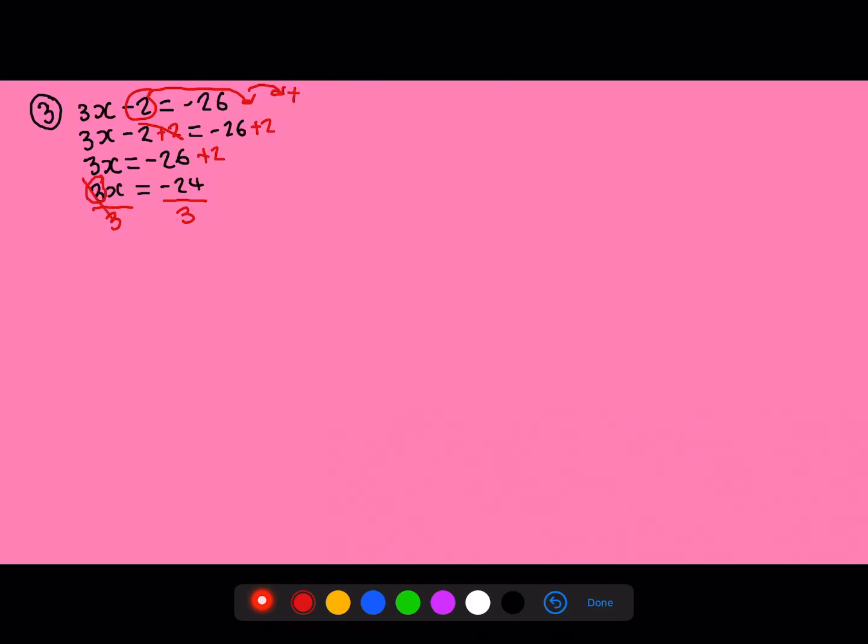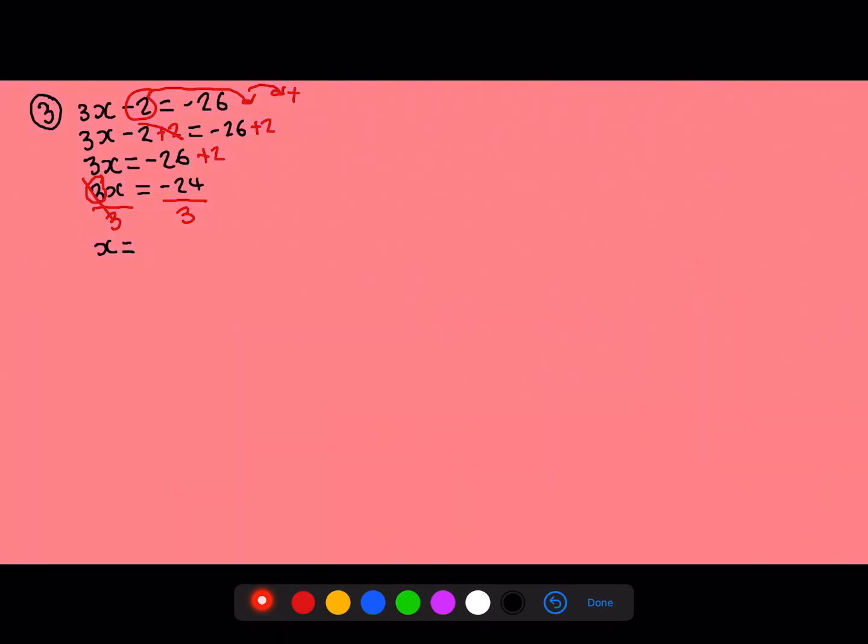So 3 divided by 3 would be 1, so it would be just x. And we would write x, and then we would do negative 24 divided by 3. So there is no difference in negative 24 divided by 3.